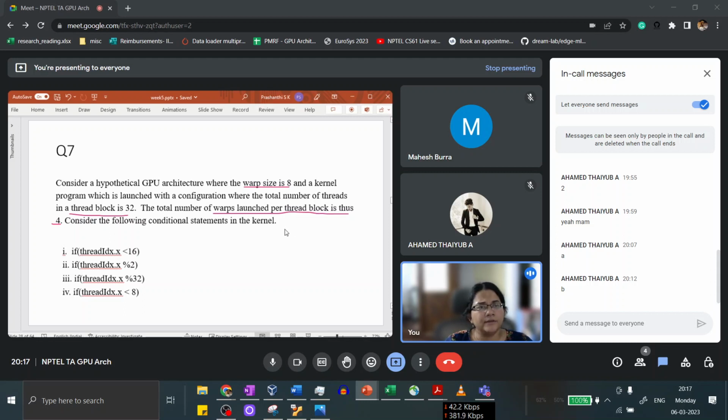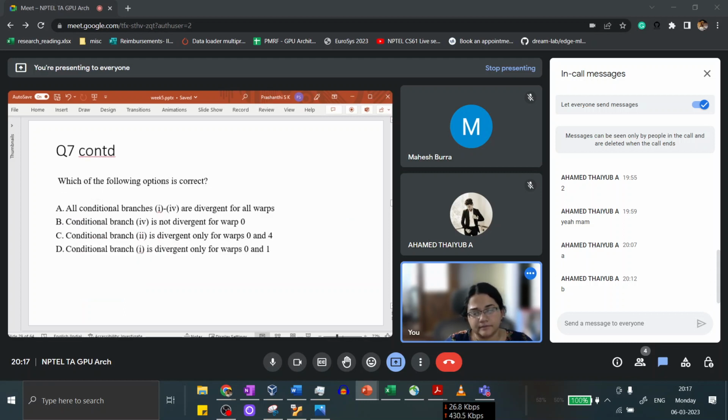If you've noted this down, I'll scroll to the options and wait there. Okay, we have one answer saying A, all conditional branches 1 to 4 are divergent for all warps. Okay. I'll wait 30 more seconds and then we'll discuss the answer.